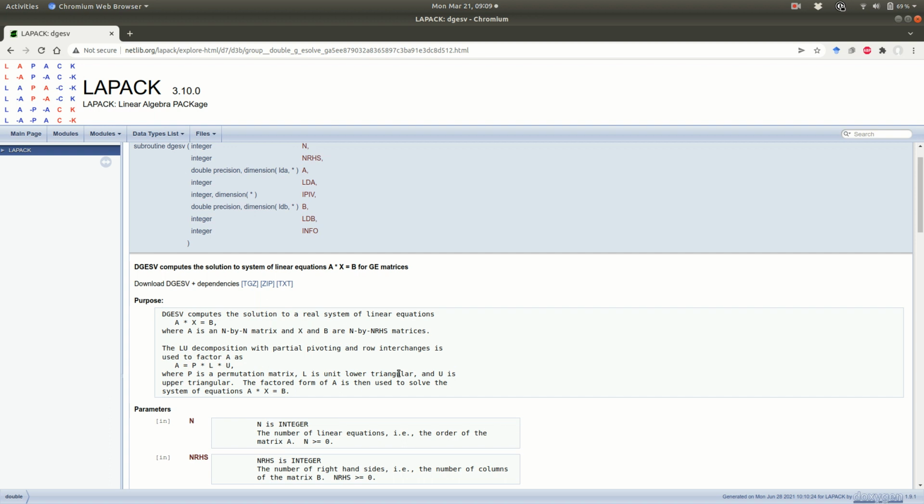L is lower triangular and U is upper triangular. So by default, when you call the solve function in R, it is calling this LAPACK routine, DGESV, which uses an LU decomposition. That's what I mean when I say the default method in R for solving is to first compute an LU decomposition.